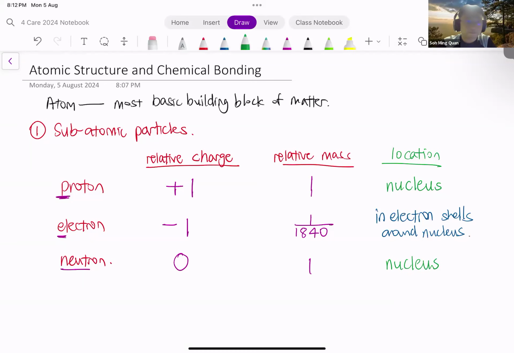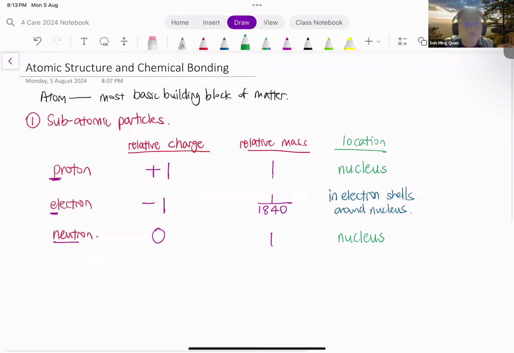Now, once you have memorized this table, it is time to apply your understanding to solve questions. What do I mean? The first thing you notice is there are two different particles in the nucleus, right? The protons and the neutrons.